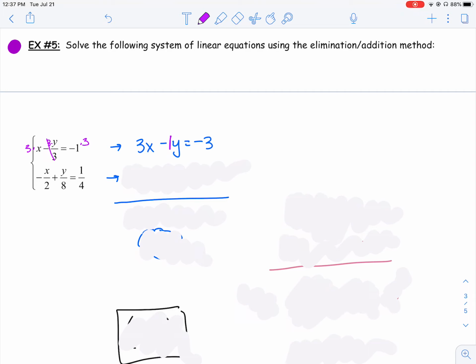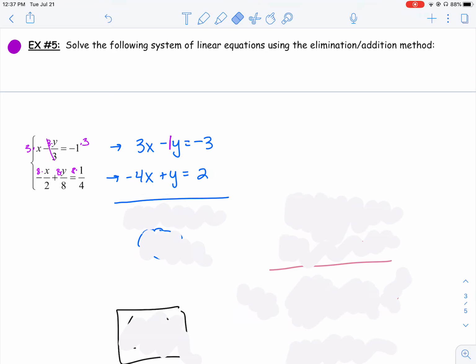So let's do the same thing with the second equation. I've got a whole bunch of fractions with different denominators on that second equation. Let's get rid of all those fractions by multiplying every single term by the common denominator. What would be the common denominator between 2 and 8 and 4? How about 8? So let's multiply every single term in this equation by 8. 8 divided by 2 is 4.